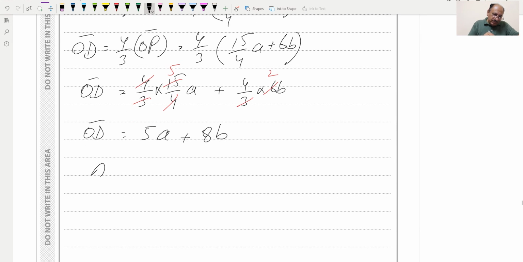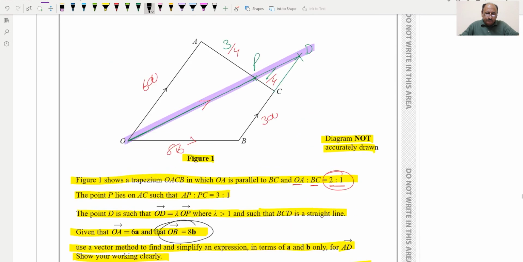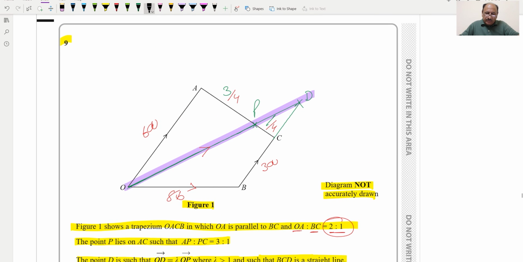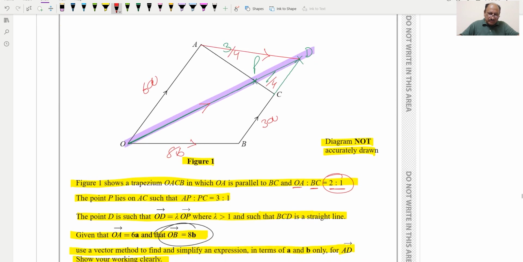Now AD is equal to AO. AD is what? We can draw AD, and AD will be this one. AD is equal to AO plus OD.